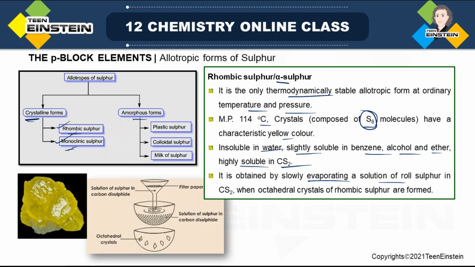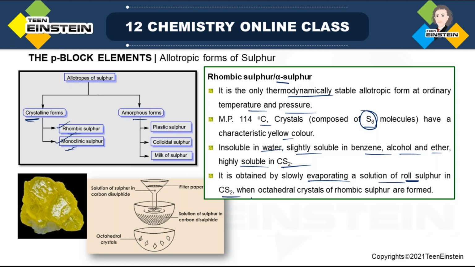This is the picture of rhombic sulfur, the crystalline form that you are seeing. And how are we making it? By slowly evaporating a solution of roll sulfur in carbon disulfide.